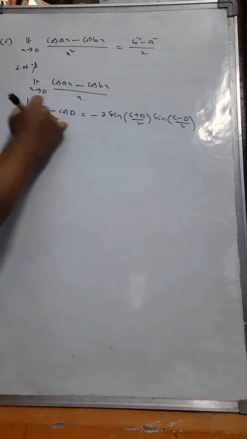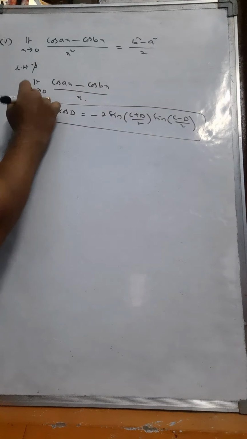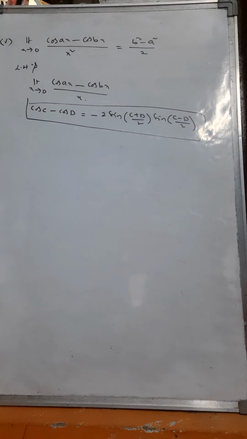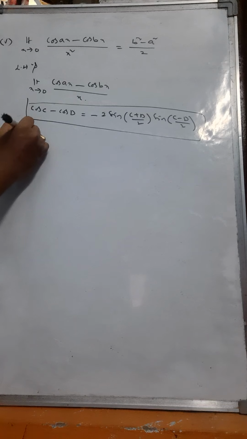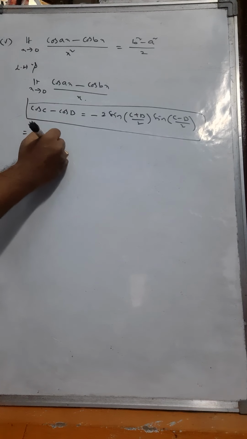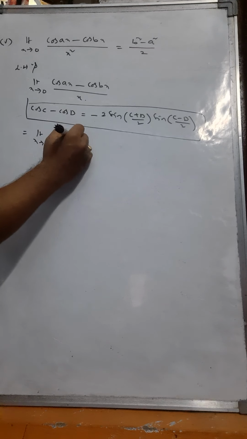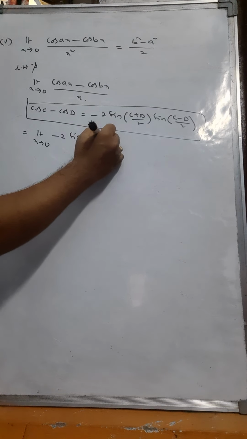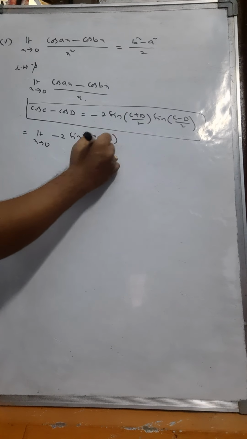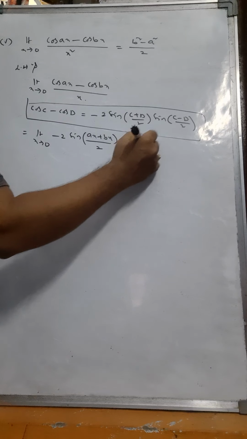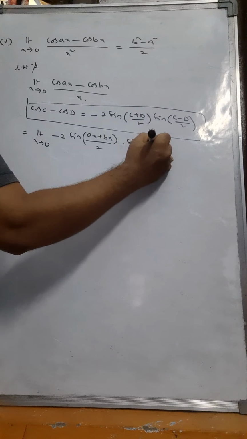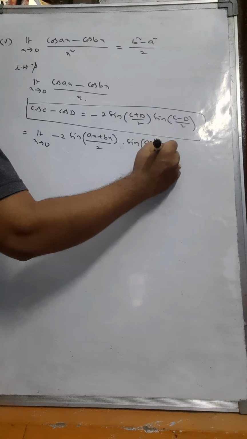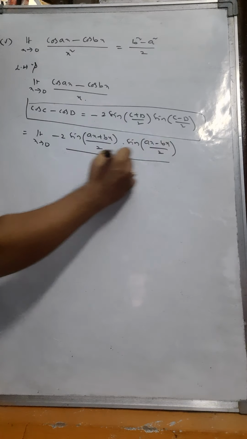Cos c minus cos d is equal to minus 2 sin((c+d)/2) sin((c-d)/2). So we will get minus 2 sin of ax plus bx by 2 into sin of ax minus bx by 2, all divided by x square.